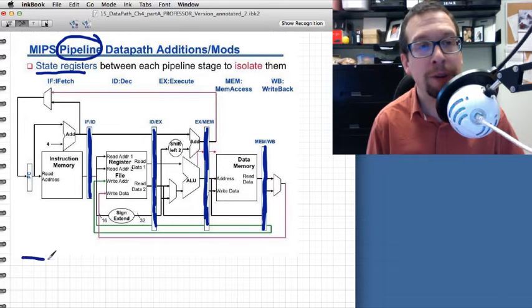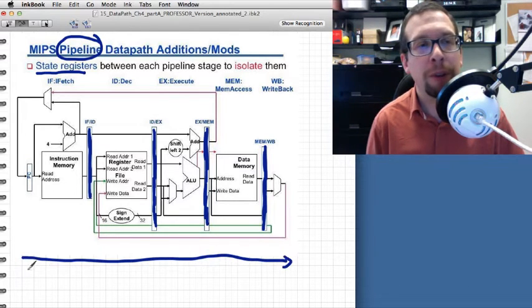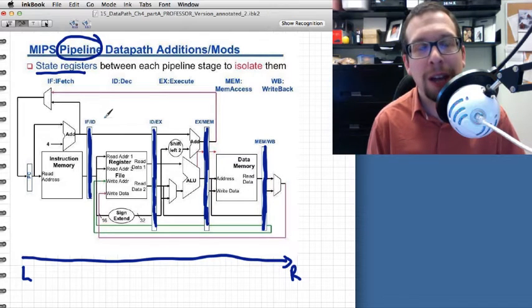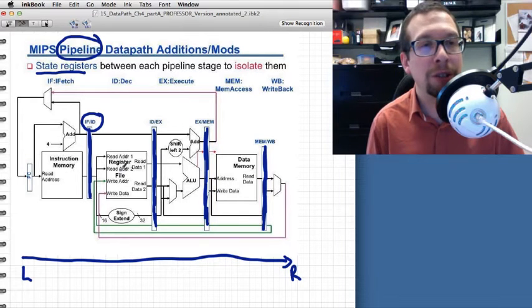Remember, we talked about how the data flows more or less from the left-hand side here to the right-hand side here. And the control signals will change at each of these individual isolation blocks. Okay, so in terms of instruction fetching and decoding, there's going to be some special magic that goes on at this stage between the instruction memory block and the register file. For some of the decoding and the executing, there's going to be another state register right here that is found between the register file and the ALU.